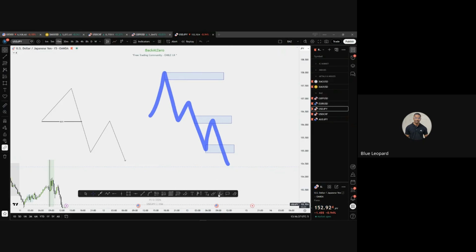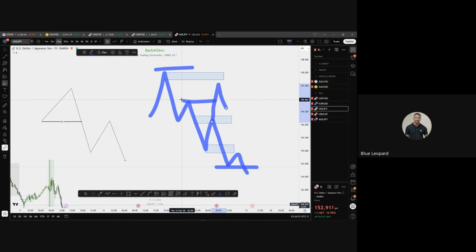If I see this, for example, price was dropping, left this guy here, this is an internal range liquidity because it is internal to this guy. It's internal to this. So if my price comes and takes this out, it took out the internal range liquidity. Most of the time, it will stop inside of an imbalance or a fair value gap.